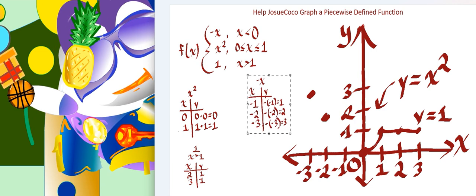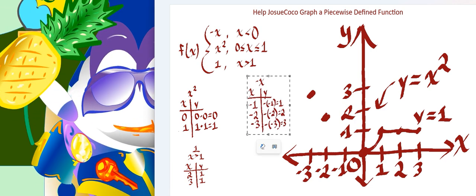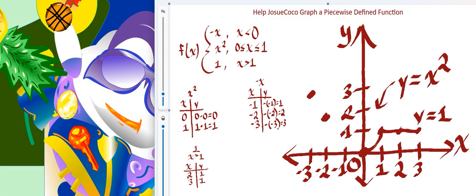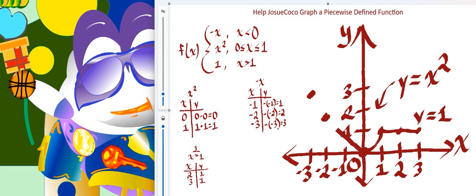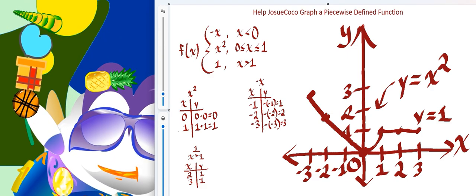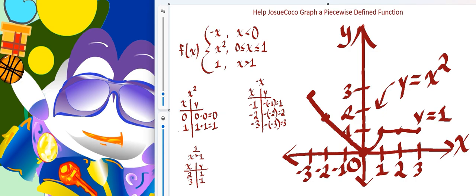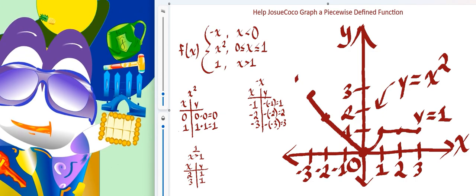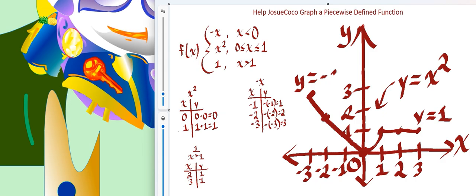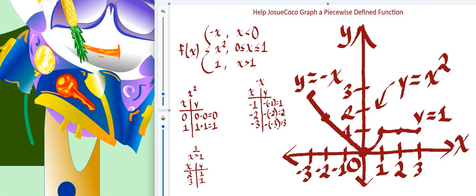Lastly, we'll take when y equals negative x. This will be a straight line, and we'll mark it as y equals negative x.